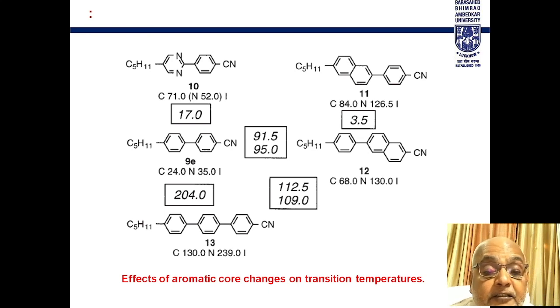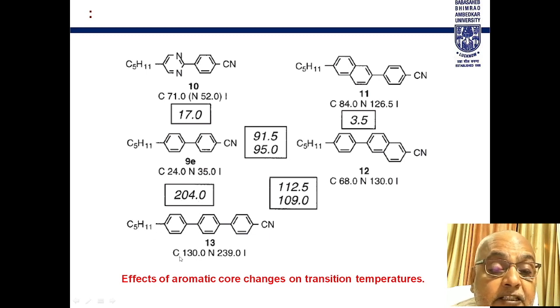Effect of aromatic core change on transition temperature. Just see this structure. There is a change in transition temperature of 17 degrees. Here we have 3.5 degrees. This core shows a very high change.